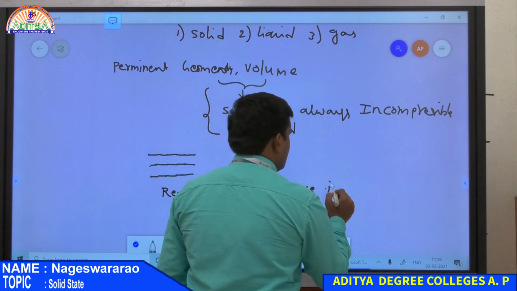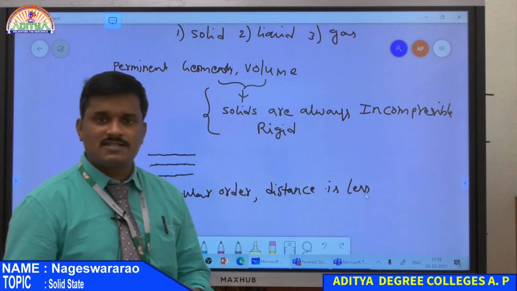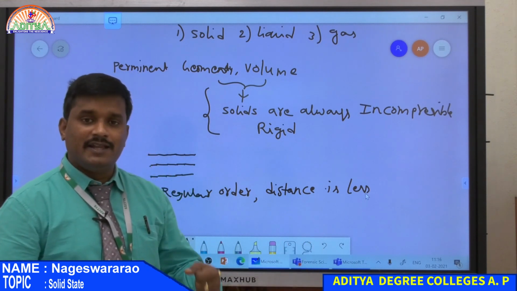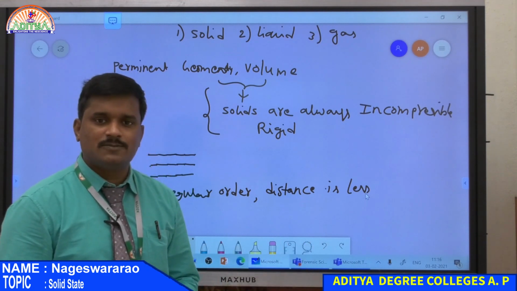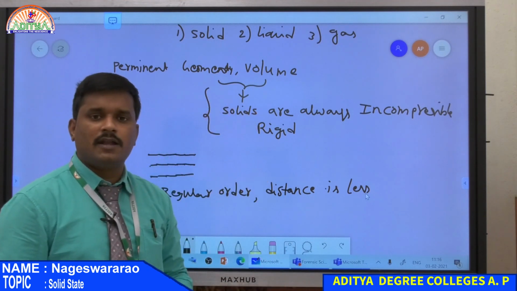Therefore there exists a strong attraction between the atoms. That is why it is rigid and incompressible, and why it has a particular geometry as well as a particular volume.